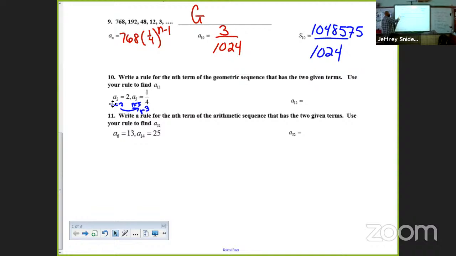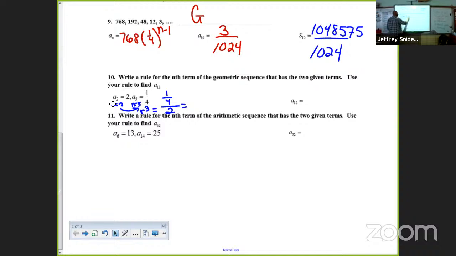To go from A2 to A3 is 1, A3 to A4 is the second one, A4 to A5 is the third r value. So r cubed is equal to 1/4 divided by 2. It's always a term divided by an earlier term.